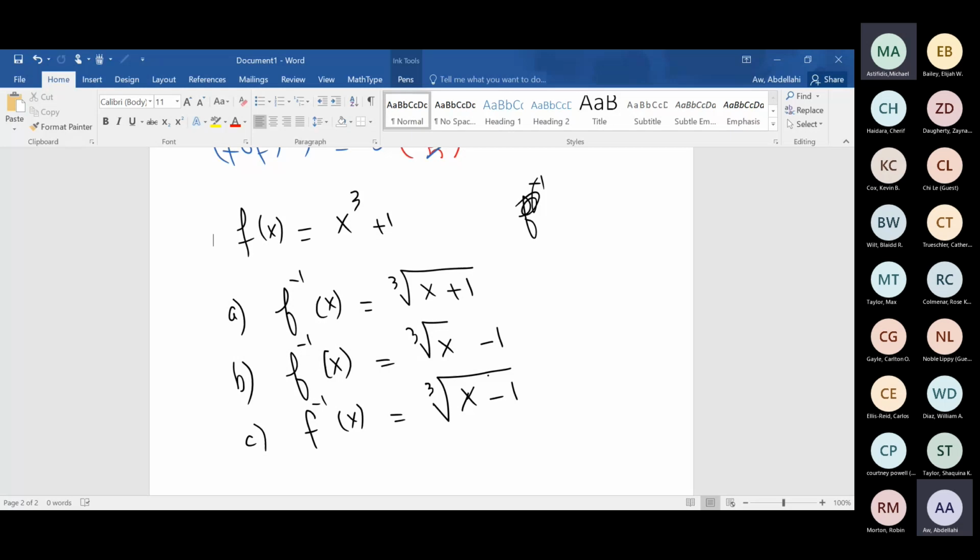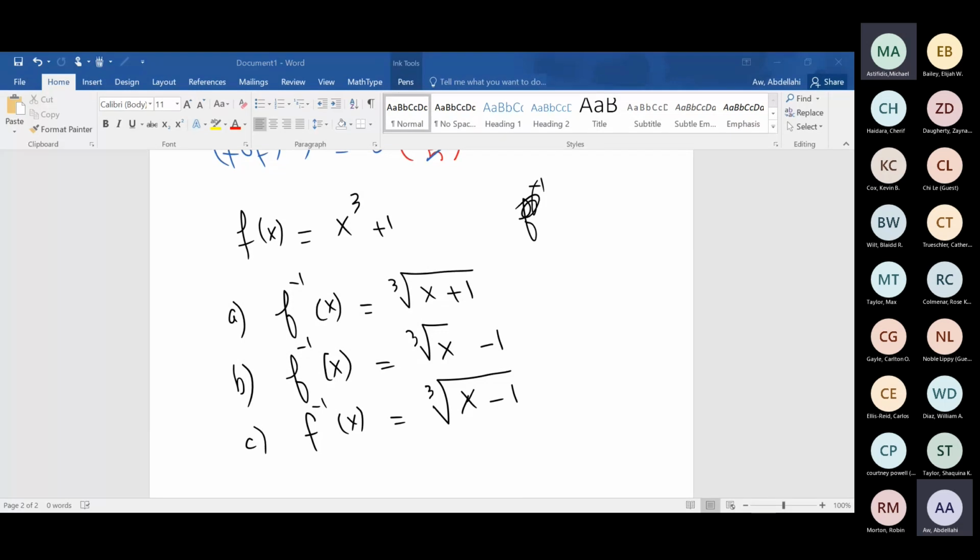But now, what do you think? If you know how to find f minus 1, do you think it's easier to check choice by choice, or do you think it's easier just to go ahead and do it? What's going to be easier? Check choice by choice could be hard, actually.